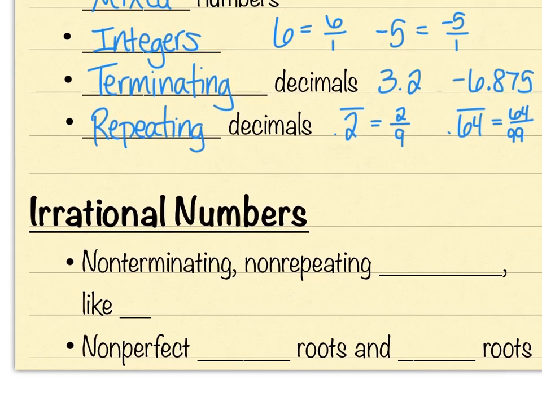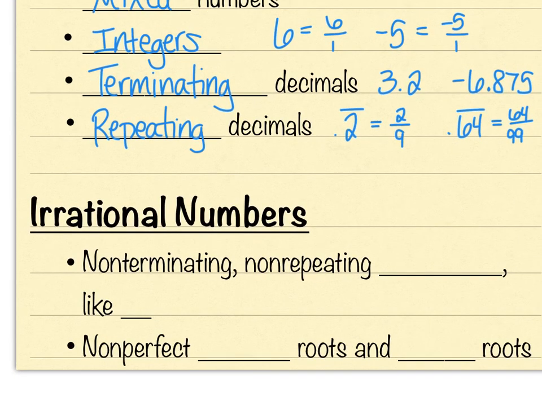And so there's really two different types of numbers that cannot be written as fractions, and those are non-terminating, non-repeating decimals, like pi is an example of that, and non-perfect square and cube roots.